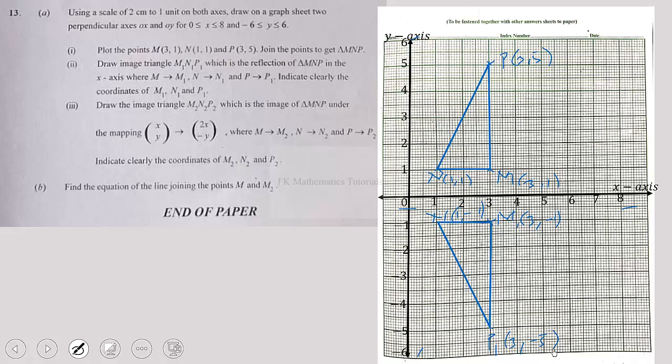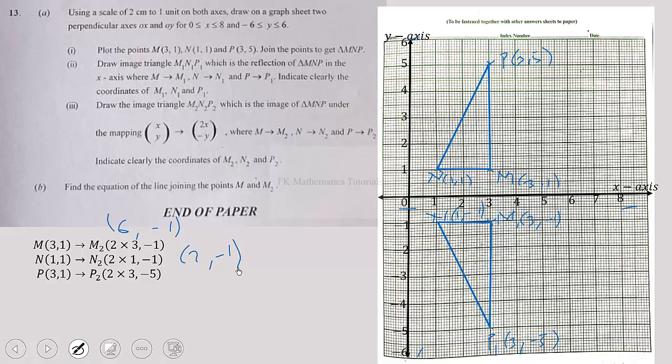Then again, we have to draw the image triangle M2, N2, P2, which is the image of triangle M, N, and P under the mapping x, y maps onto 2x, -y. So this will give us 6, -1, and this one will give us 2, -1, and this one will give us 6, -5.